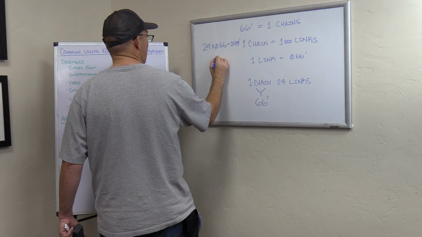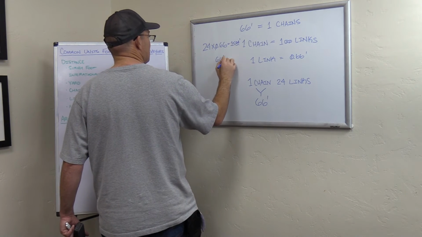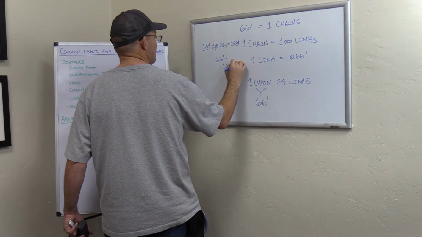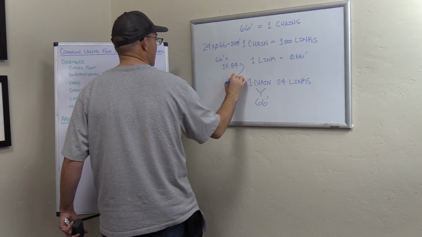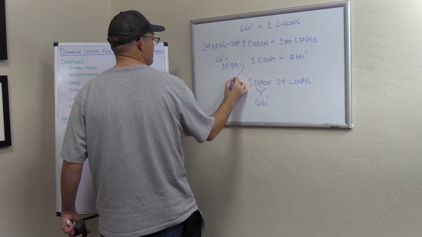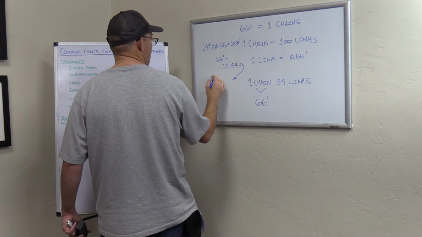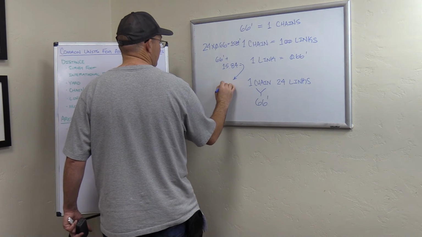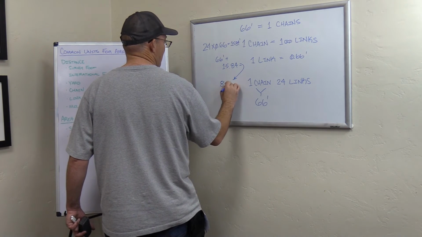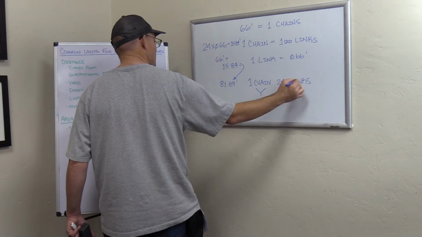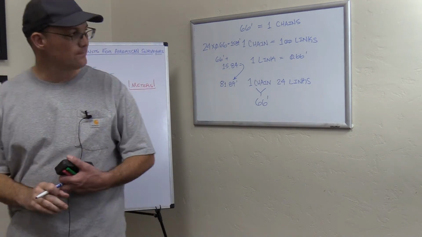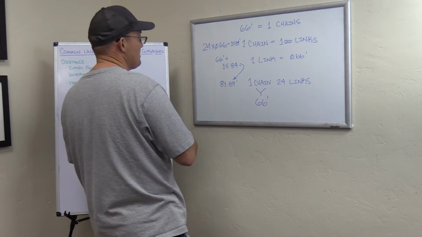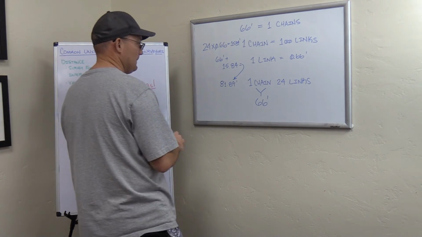Now we can add 66 feet plus 15.84 feet, which gives us our distance in feet for the width of the river. I think I can do this in my head: 81.84 feet. That's how wide the river is, 1 chain, 24 links. So that shows you how you can do links to chains and links to feet.